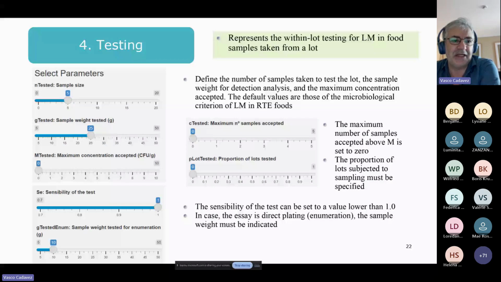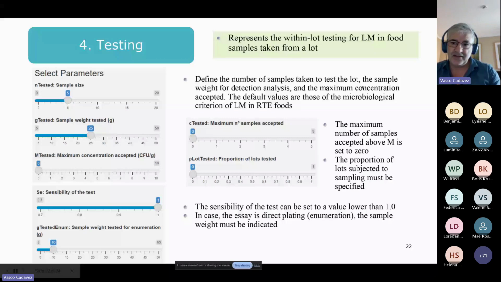So you check all these parameters in the testing phase, and you can evaluate if the testing of a lot or different lots can impact the risk. This represents lot testing for Listeria monocytogenes in food samples taken from a lot. So we are producing a lot. What happens if we test, and what happens if we do not test?